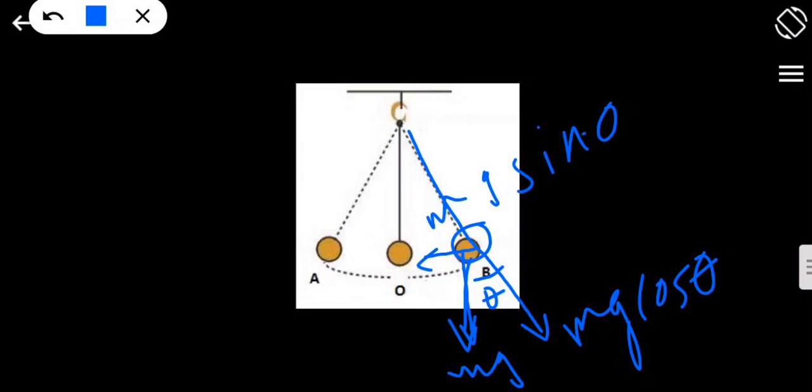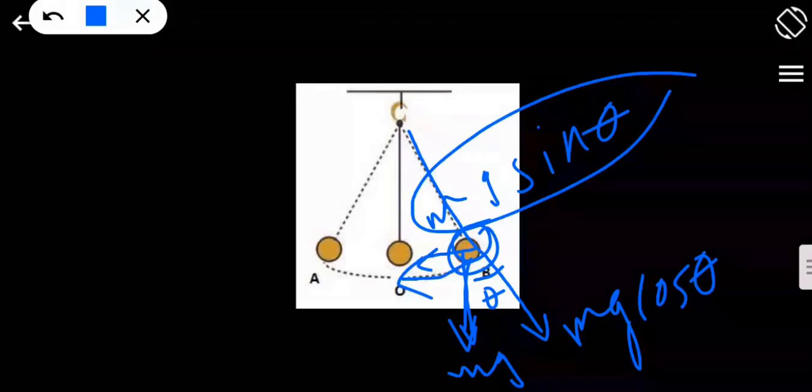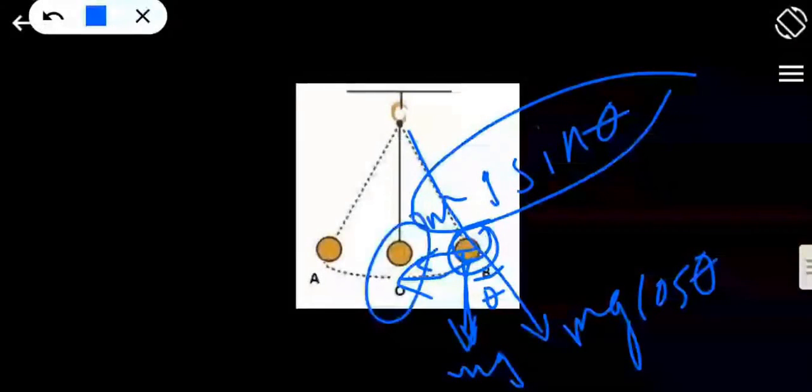This mg sine theta is the force which brings your pendulum to the mean position. This kind of force is known as the restoring force, because everybody wants there should be no change. So it always tries to take the pendulum to the mean position, but it doesn't stop here.